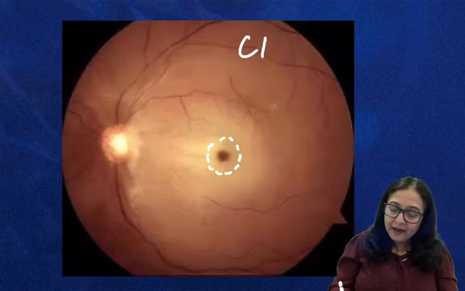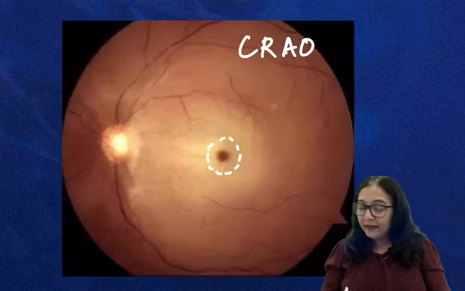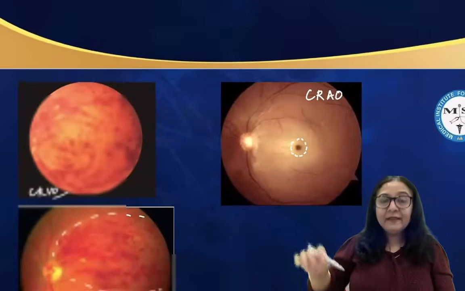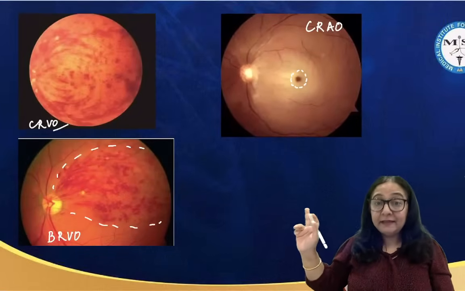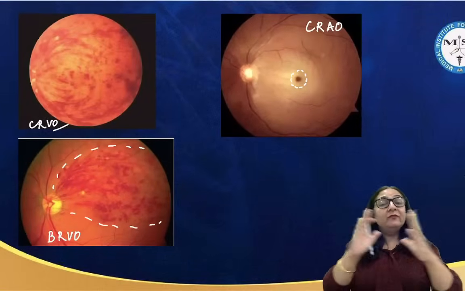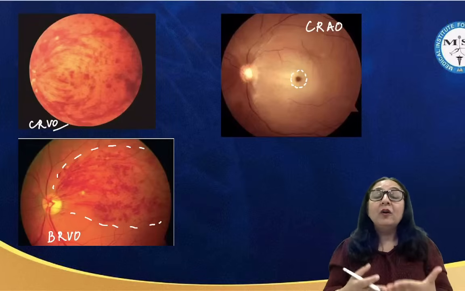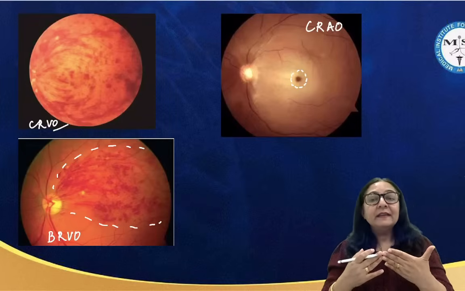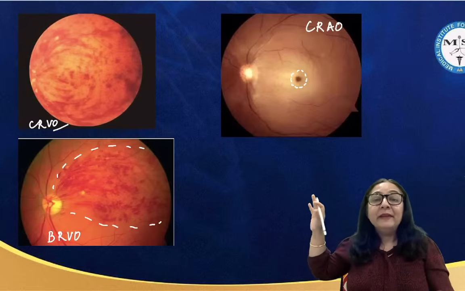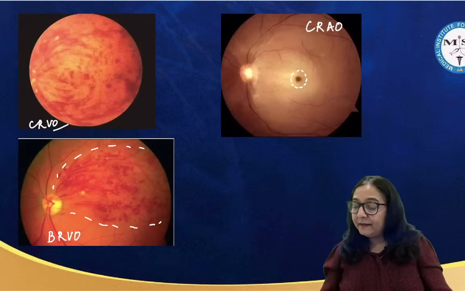So all of you, if any of these images come, you should be able to make the diagnosis. History in all of these will be the same. All of these will be presenting with painless loss of vision, most of the time sudden. But based upon the fundus image, you can say.